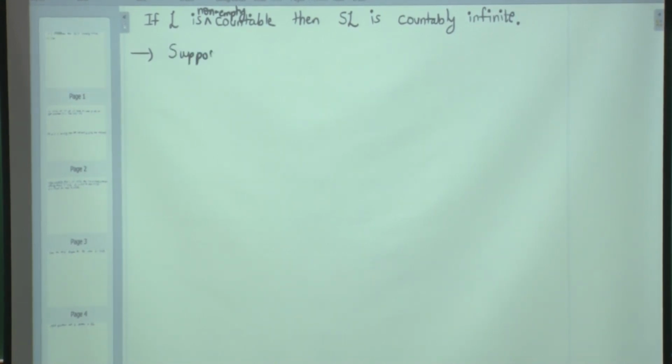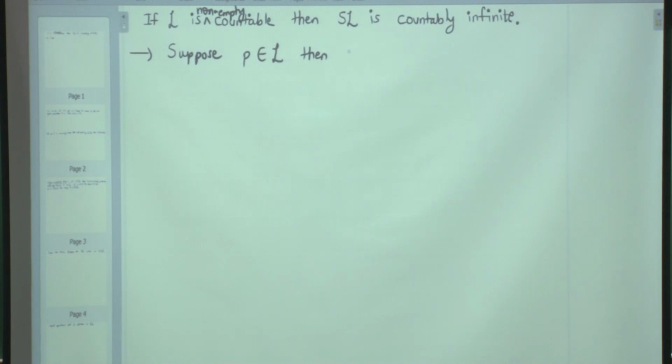So suppose P belongs to L, then negation P, negation of negation P, negation of negation of negation P, and so on.